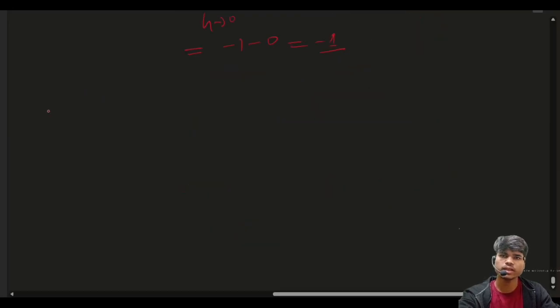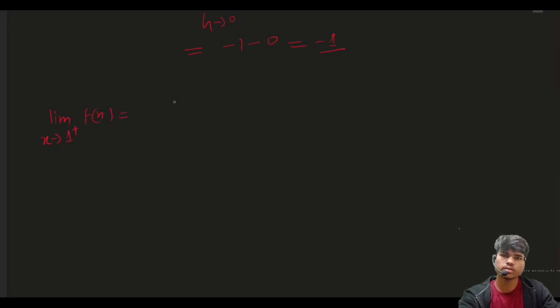Similarly, we can find right hand limit like limit x tends to 1 positive f of x equals to limit x tends to 1 positive x square minus 3x plus 2 divided by x minus 1. If we put here x equals to 1, we will get 0 by 0 form, which is mathematically an undefined form. So before putting the value x equals to 1 here, we have to solve this expression.